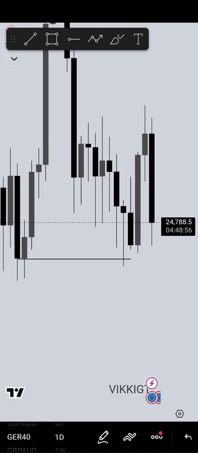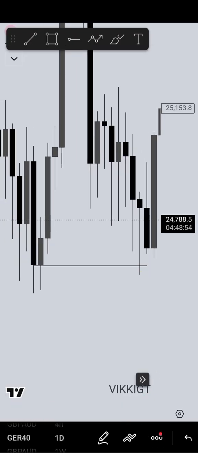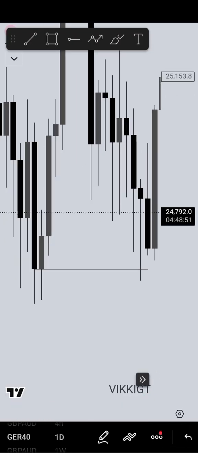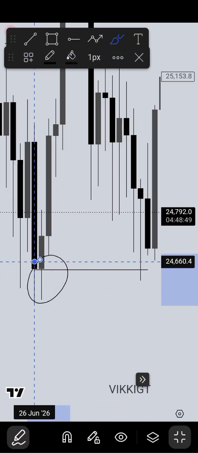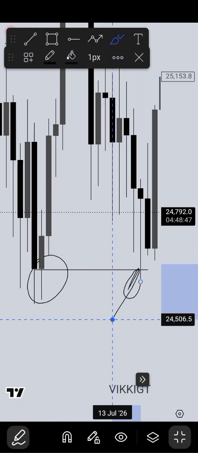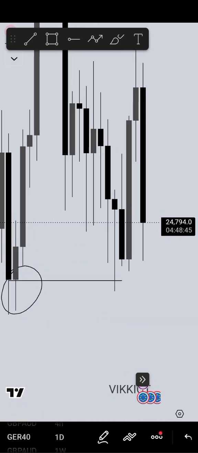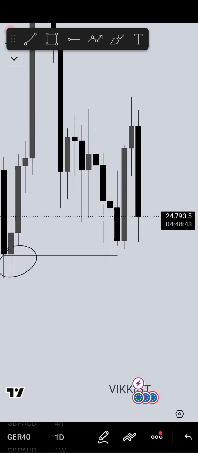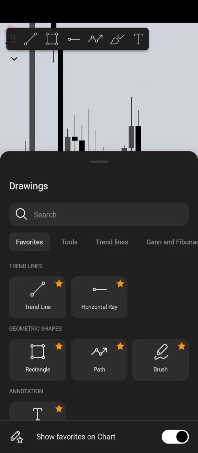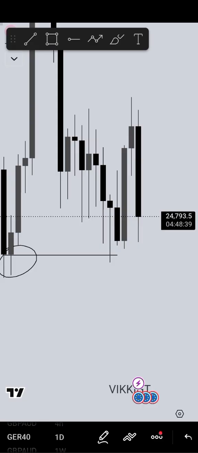So at this particular point, this is a daily key level. Let me circle it. We had a rejection at this point, price rejected from the daily key level.